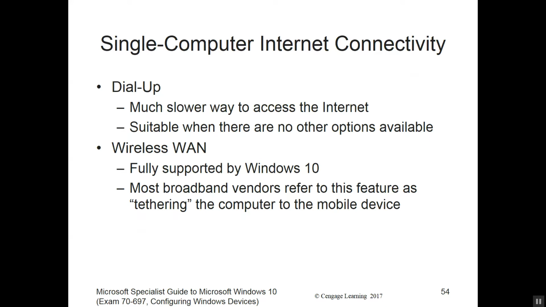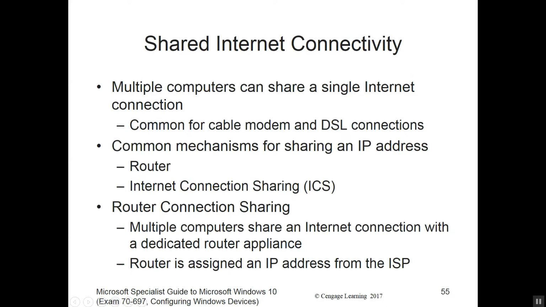So my phone is talking on the phone system, and I can also have internet through my phone system. I can then tether that internet connection and share it out with others, and I'll have my own little wireless WAN by sharing my internet connectivity.